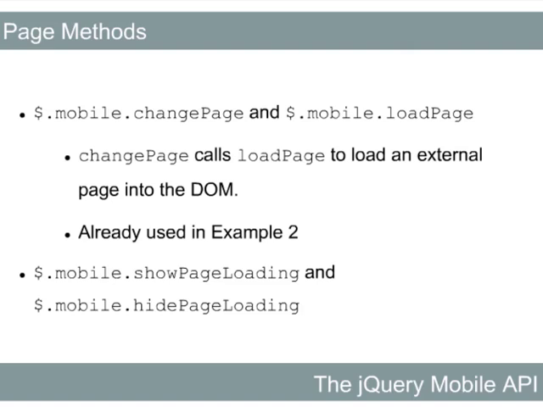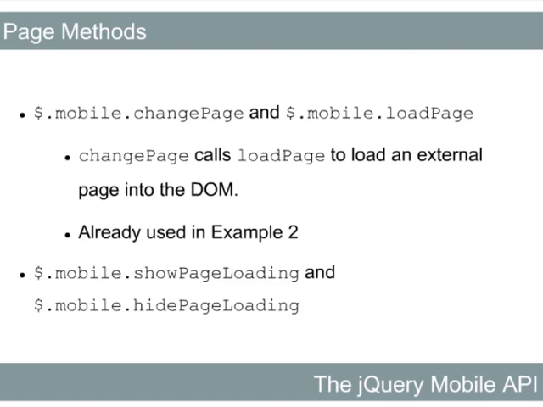If the URL you give it is for an external page, then change page will call load page, which actually loads the page into the DOM for you. So change page will handle everything for you directly. And if you want to go back and see an example of that, you can take a look at example 2.